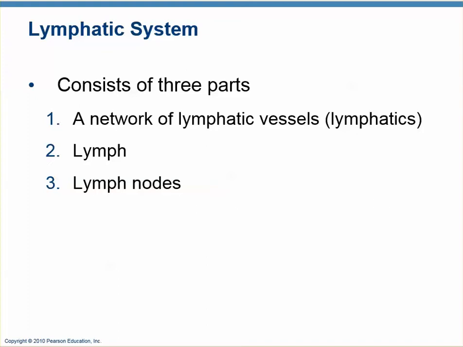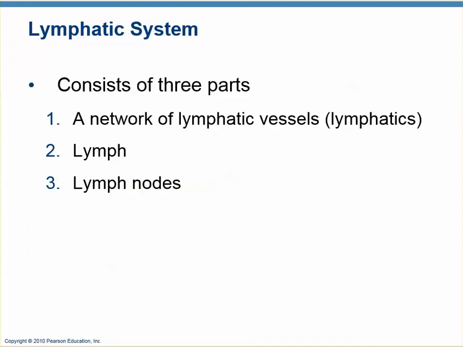The lymphatic system is the part that deals with that leftover 1, that little bit of interstitial fluid that didn't get returned to the blood capillaries. The system is made up of lymphatic vessels that transport a fluid called lymph, and lymph is basically interstitial fluid sucked into these lymphatic vessels.